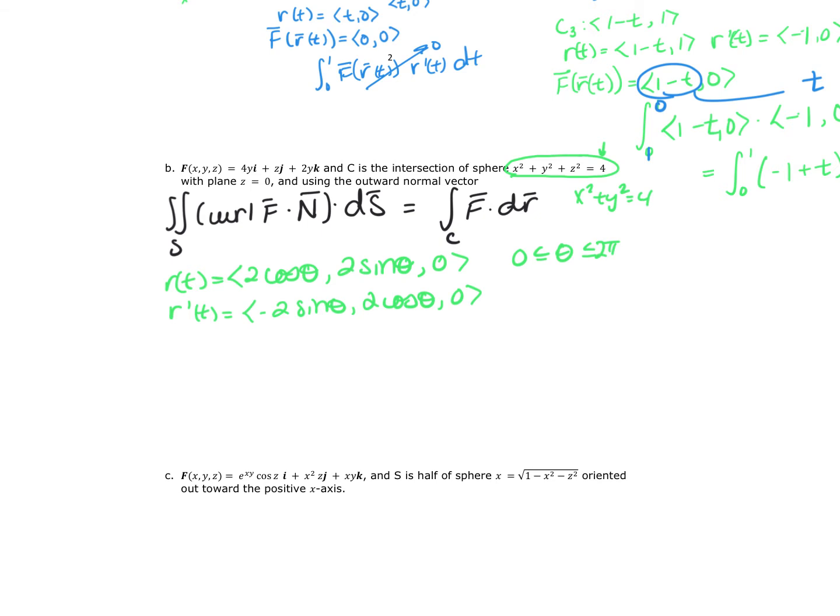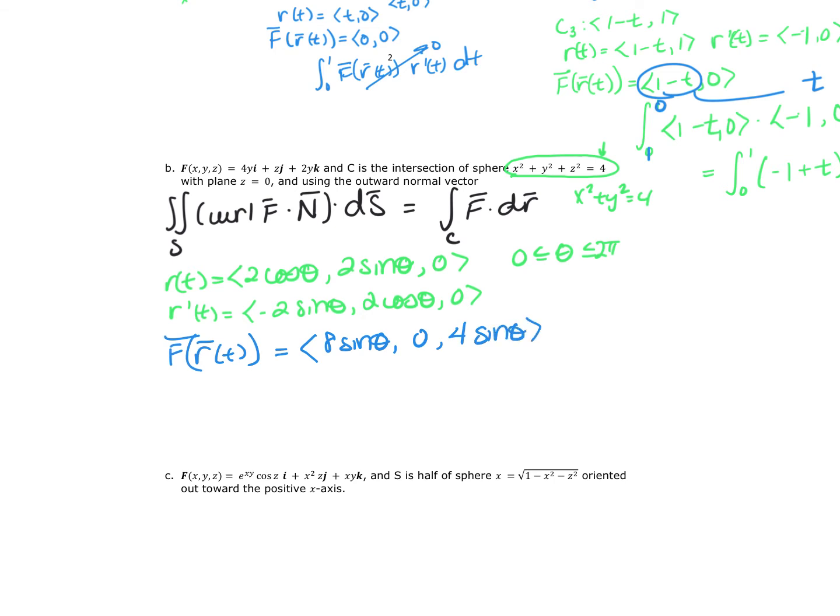I believe I should have an x and a y, so give me just a moment. Nope, I wrote that down correctly. It's 4y i plus z j and 2y k. So then my f of r of t is going to be equal to 4 times my y, so that's going to give me 8 sine of theta. My z is 0, and then I have 2y, so that's going to give me 4 sine of theta.